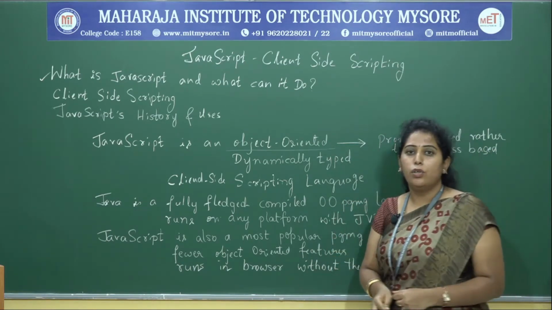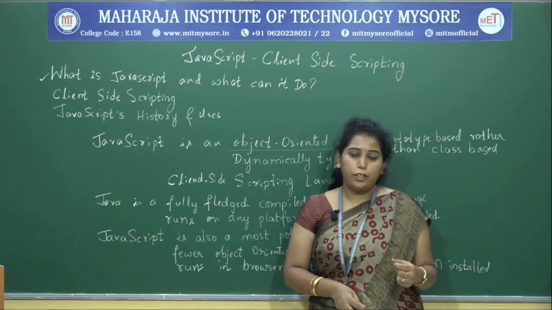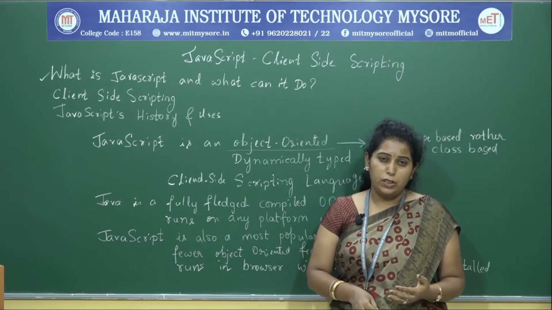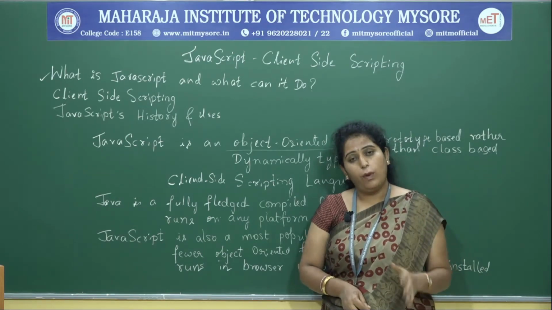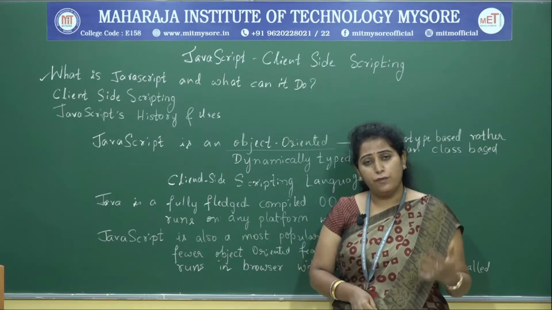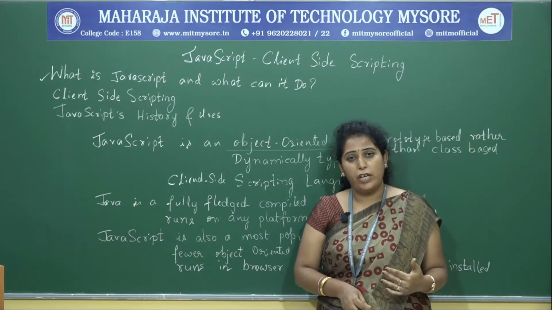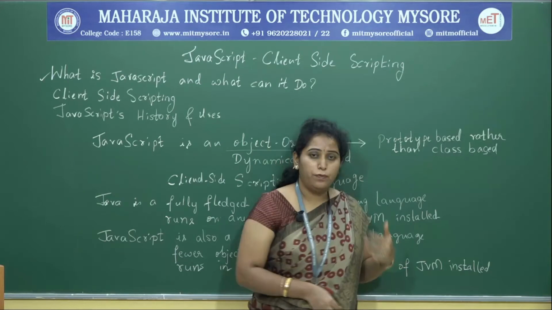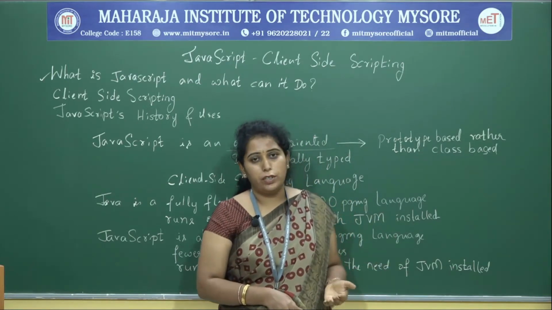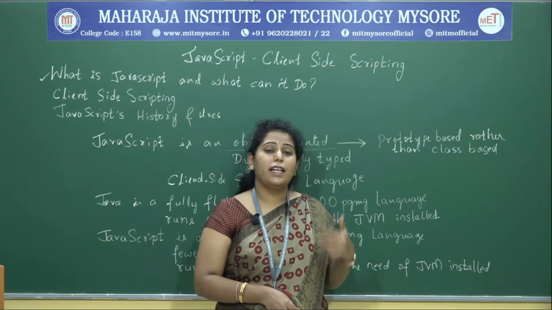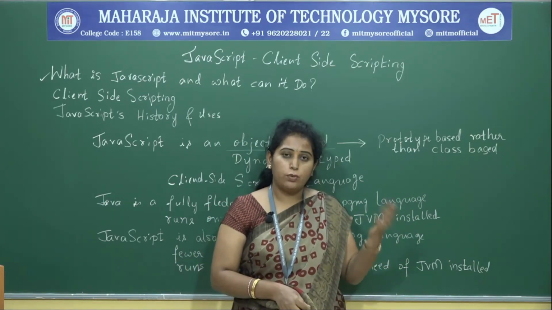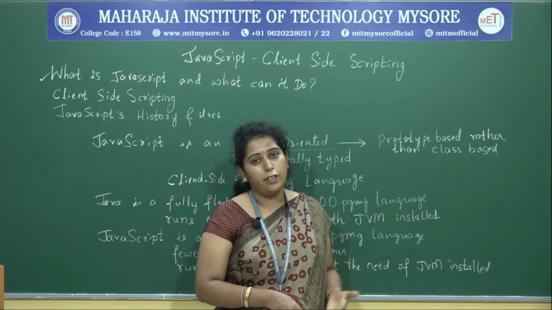So, there are several object-oriented programming languages. How JavaScript is different from other object-oriented programming languages: you can recall the concepts of C++. It is an object-oriented programming language, and it is a class based language. It means we have to define a class, and through that class we create an object.